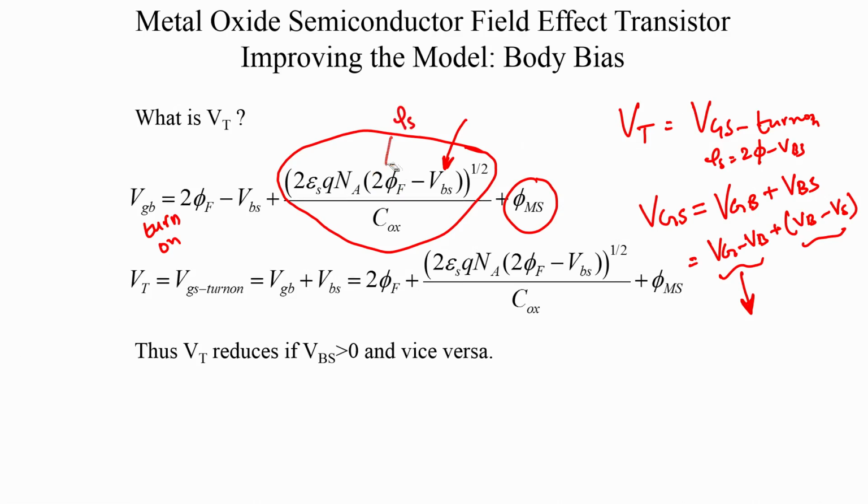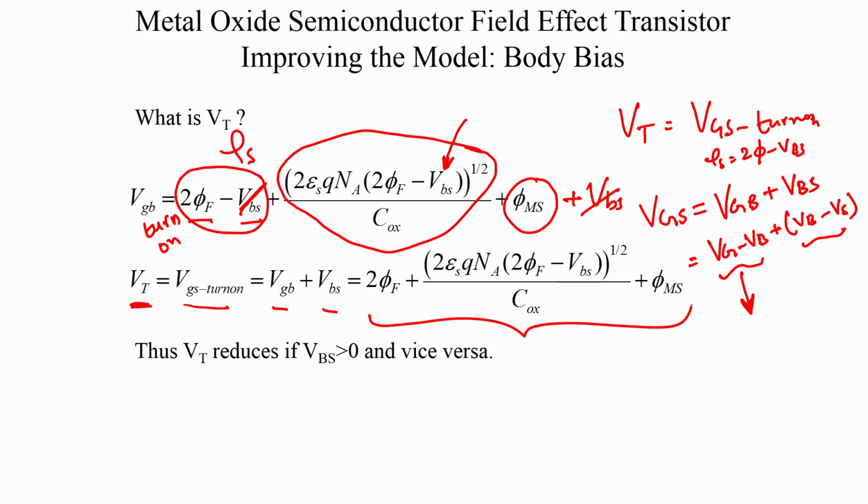So, this is the depletion charge by Cox, and it has also got the phi s term, which is now 2 phi f minus VBS, which is the new phi s needed for turn on. And therefore, VGS at turn on is nothing but the VT, and that has become VGB plus VBS, which is basically this entire term plus VBS, okay, and these two terms cancel off and you end up with this being the expression for threshold voltage.